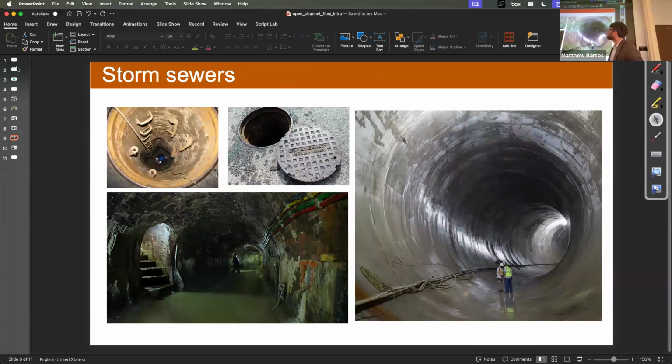Those curb inlets eventually flow to storm sewers, which are designed to convey water underneath the surface. So these may function as either pressurized systems or open channel systems, depending on how full they are. You'll need to understand the hydraulics for both. So they can be either small storm sewer systems or very large ones. So on the right, that's an image of the TARP system in Chicago, which is one of the biggest storm tunnels in the US.